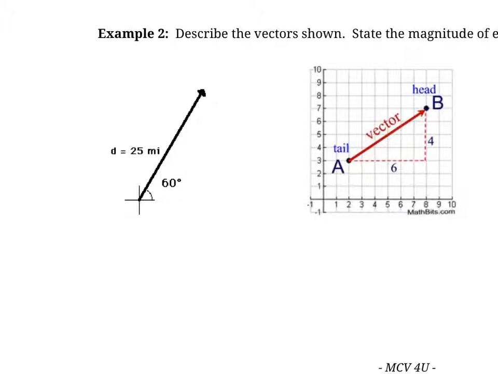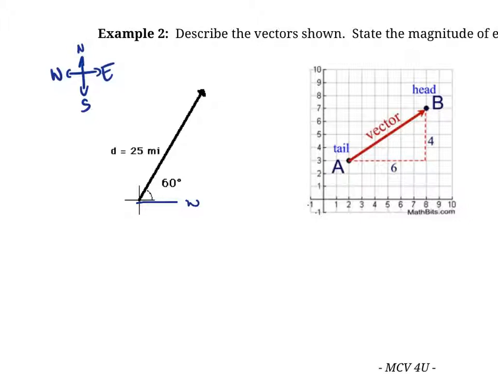So how can we combine those two things into an actual vector, or a description of a vector? Let's start off with just north, south, east, west, because that's going to be a good way to describe it. We're usually going to do this, north, south, east, west, when we're describing the direction. Because in this example here, the 60 degrees, you'll notice that's 60 degrees from west, right?